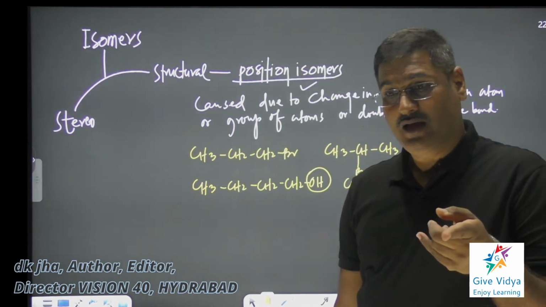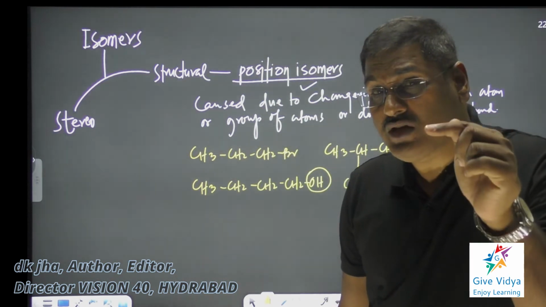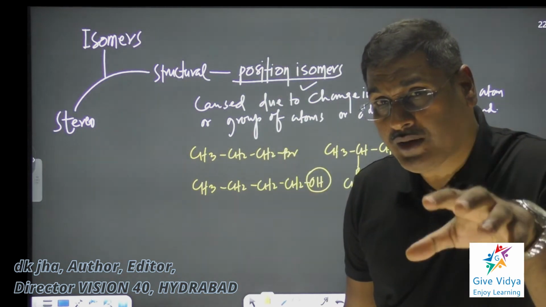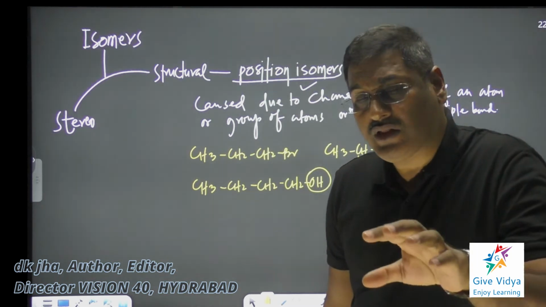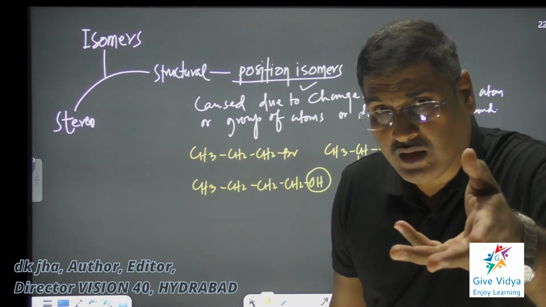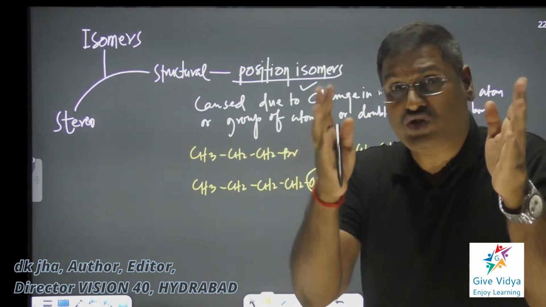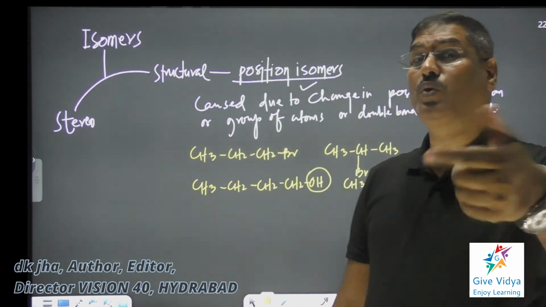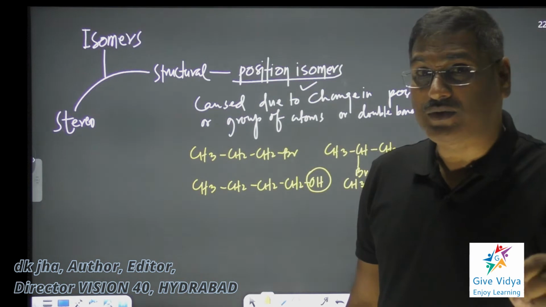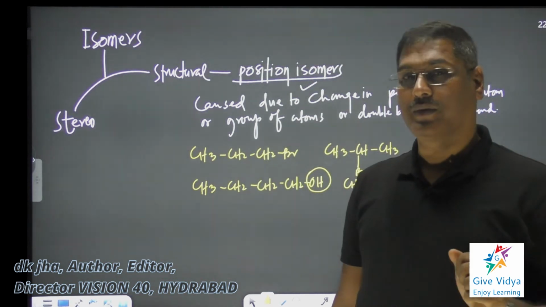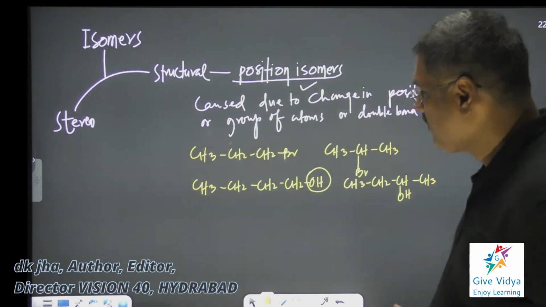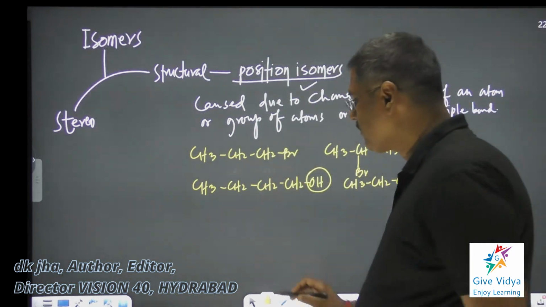And if that change in position of an atom or group is affecting the functionality, the functional group itself is changed, no more position isomers. These two points are very important, right?